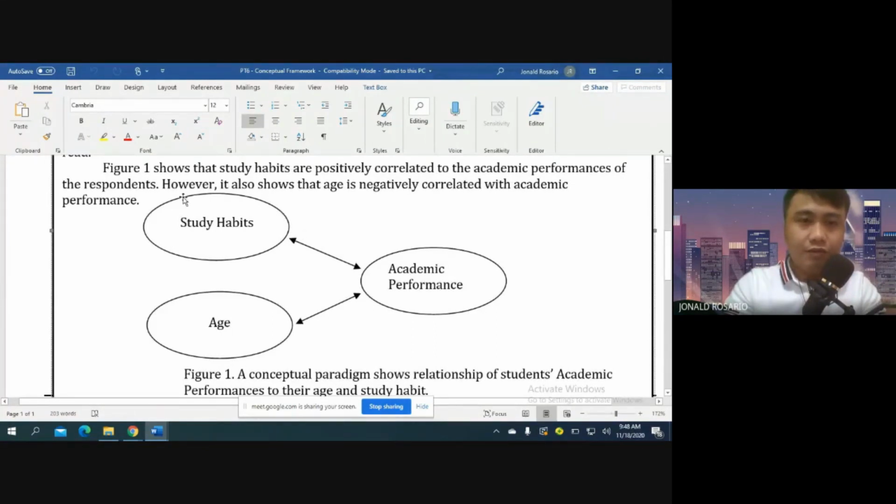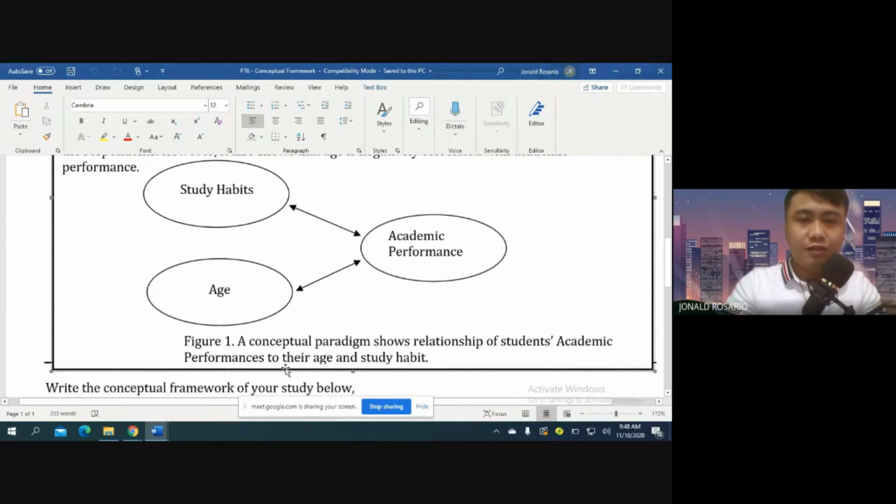Mayroon tayong oval, o sa pre-calculus, that's ellipse. So, hindi siya oval, kundi ellipse, just in case. So, study habits, we have another variable, age, and of course, academic performance.